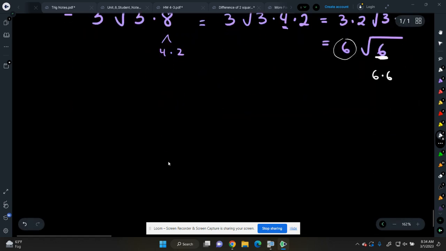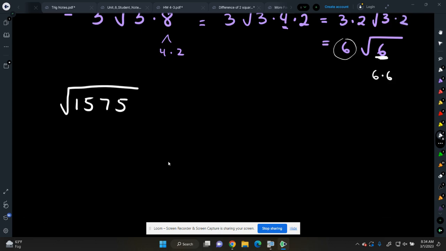Next, oh, here we go. Square root of 1,575. I'm going to give you a second to do this yourself. Okay, let's do this together.